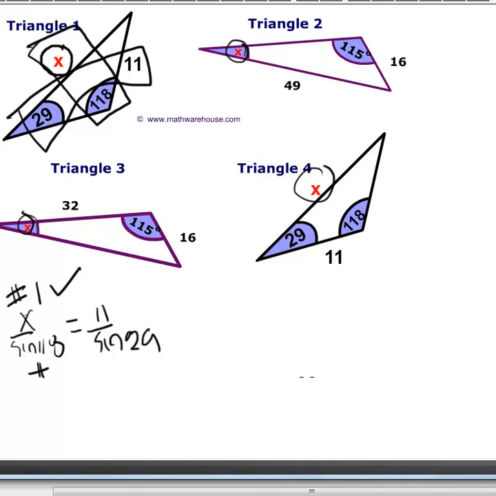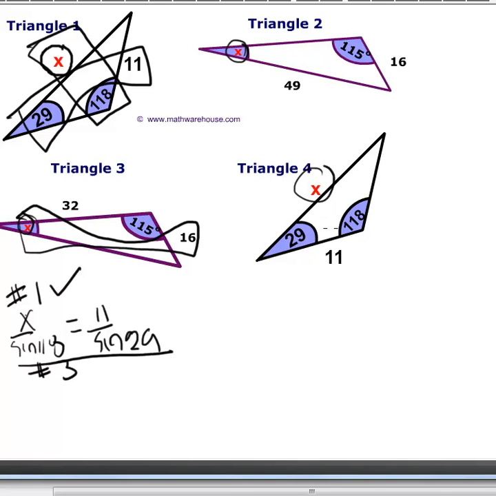Let's now go down to triangle number 3. Okay, well, x that we're trying to find, in this case an angle, is opposite 19. Looks very promising. However, we know one angle and we do not know its opposite side. We know one side and we do not know its opposite angle.